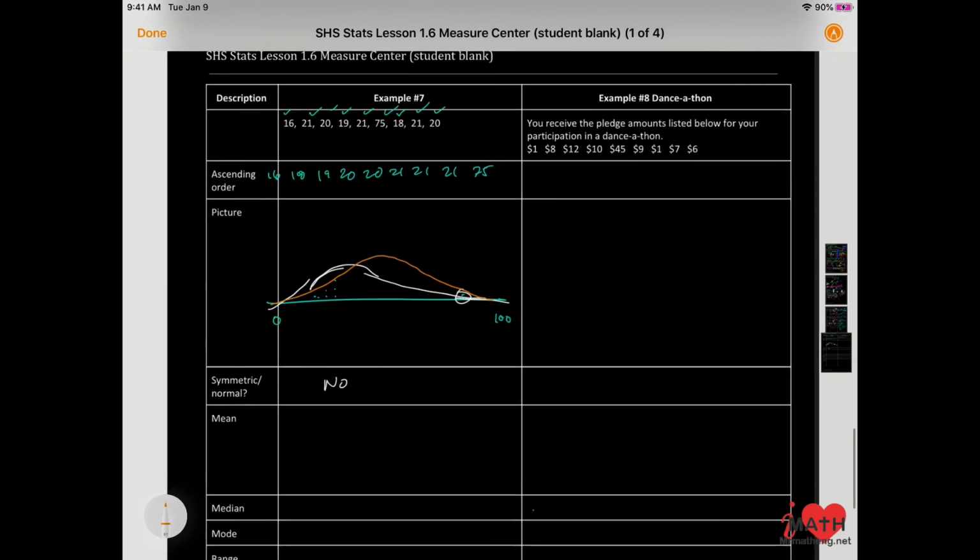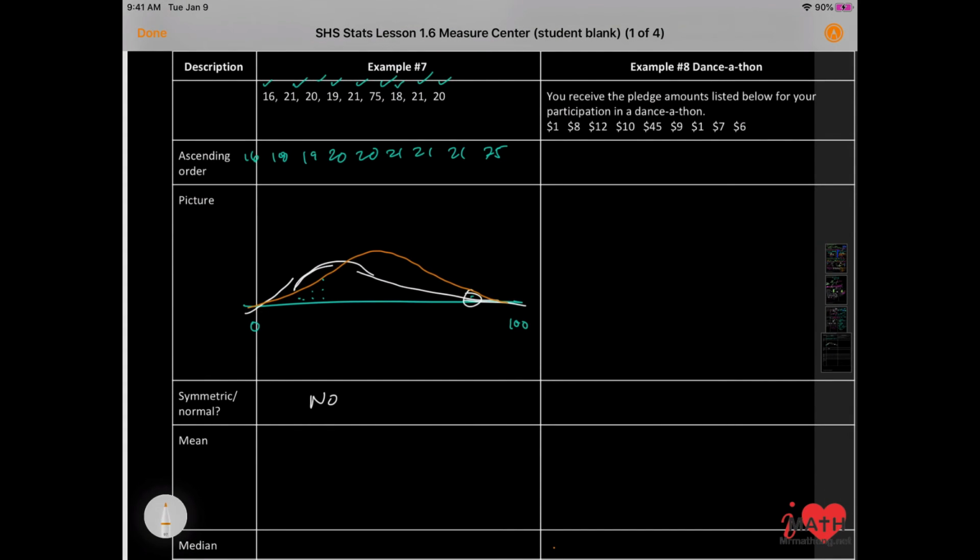What is our mean? Just going to punch it into my calculator. 16, 21, 20, 19, 21, 75, 18, 21, 20. Stat, calculate, one of our stats. I want that list. Yes, calculate.